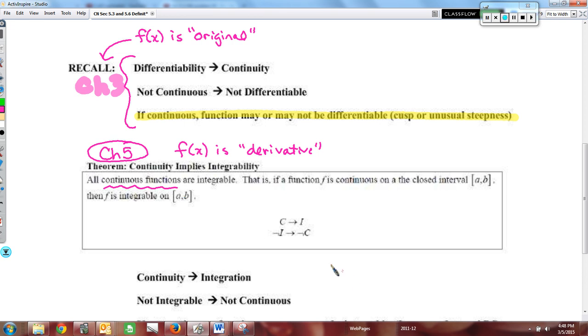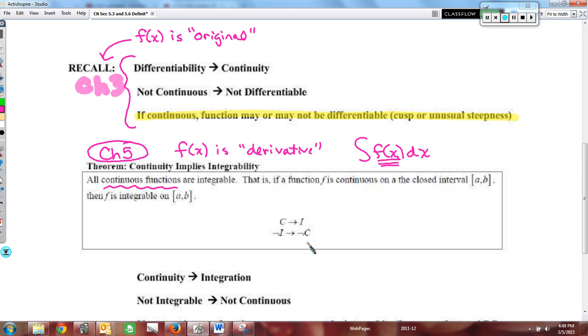Okay? So if the function inside of the integral is a continuous function, then I know that I can integrate it and work back, that it is a derivative of something that I can find. So continuity implies that you can integrate it. And that also means that if you can't integrate it, then it must not be continuous.